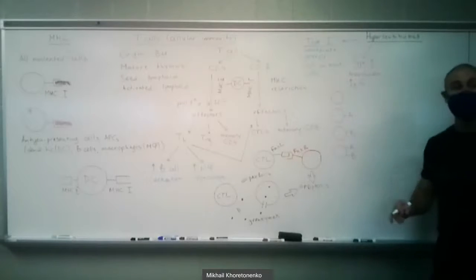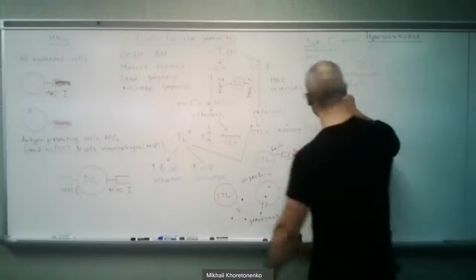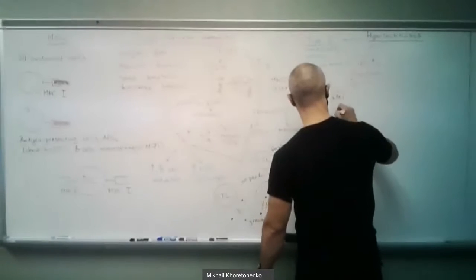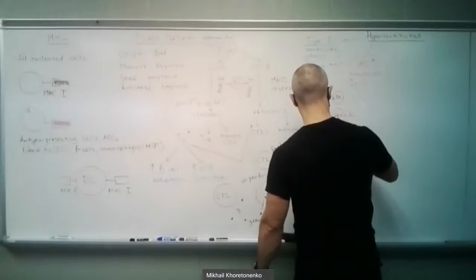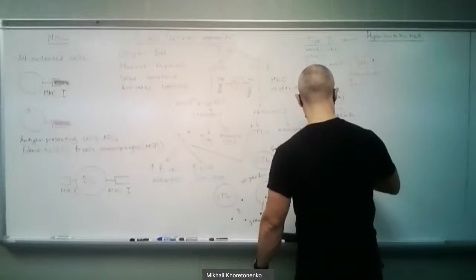Those are antigens on the surface of red blood cells. In the plasma, we also have antibodies that we call agglutins.